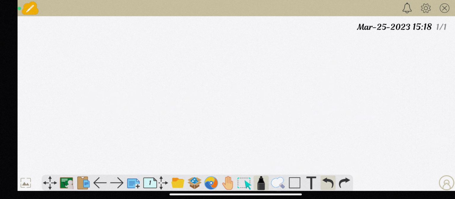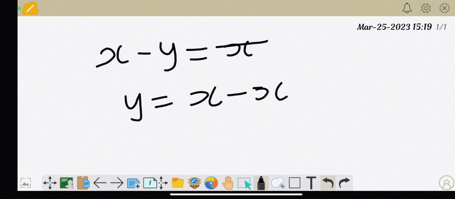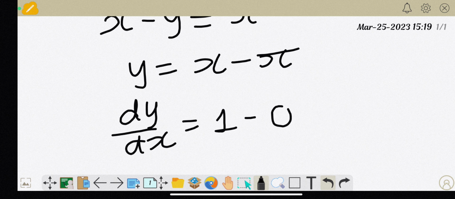Yeah, sir. Okay, now see, if we want to differentiate an implicit function, we have to use its own procedure. Let's take one example. This function is very easy to differentiate. You can rearrange the whole expression in terms of y, then differentiate with respect to x. dy by dx is equal to 1 minus 0, since differentiation of a constant is 0, so we got 1.